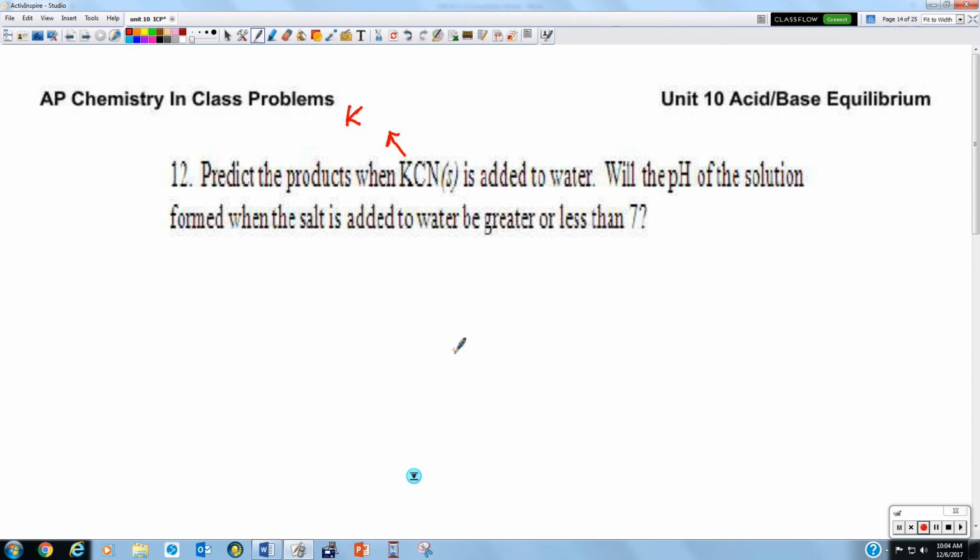All right. So what is going to be the parent base for the potassium? KOH. Is that strong or weak? Strong. All right. So are we going to be worried about the K at all in this? No. Our CN is going to come from what? HCN.